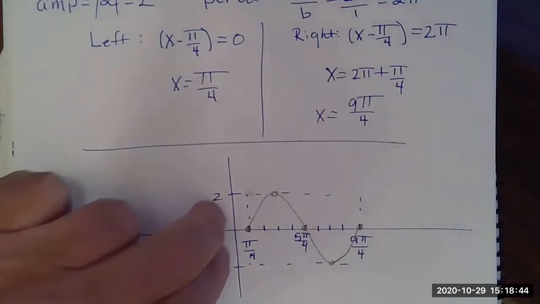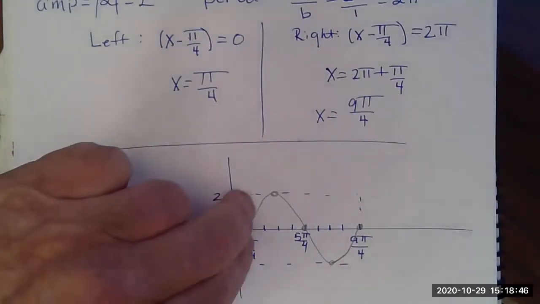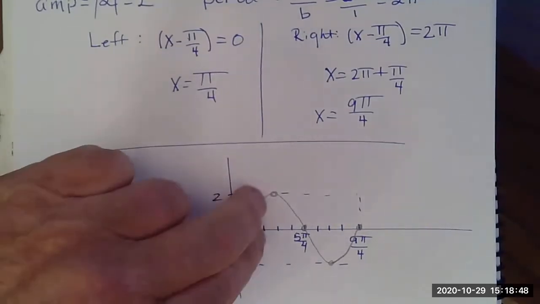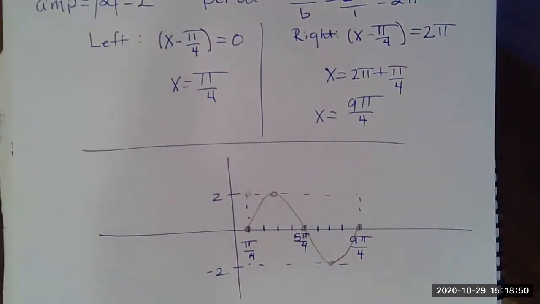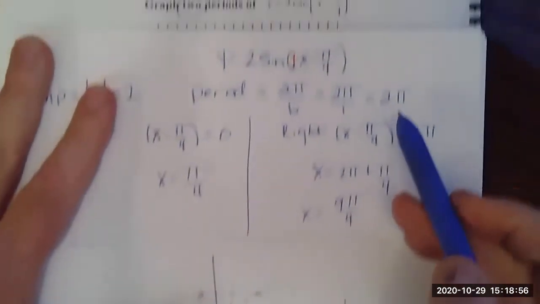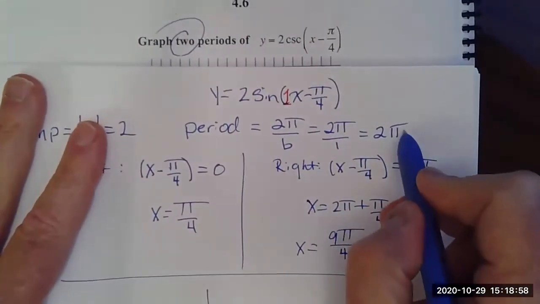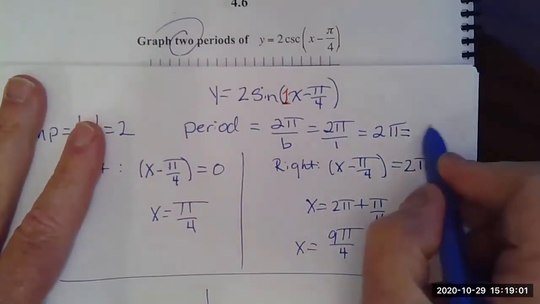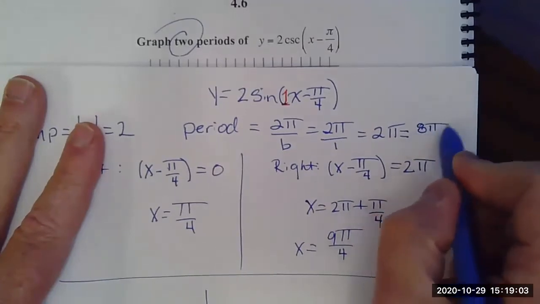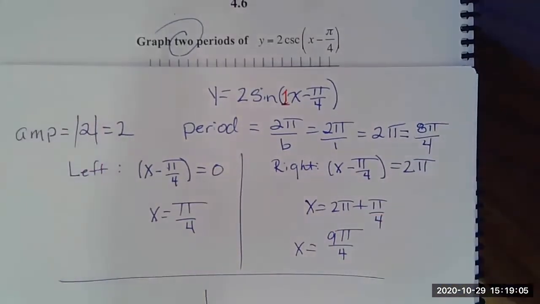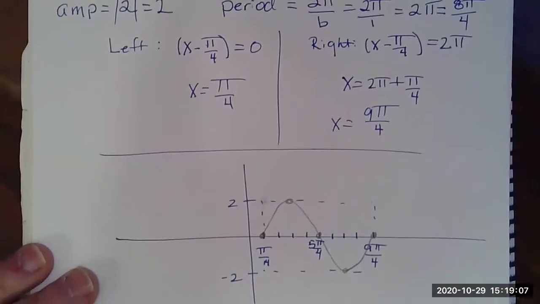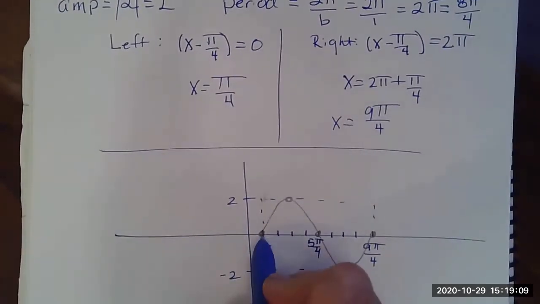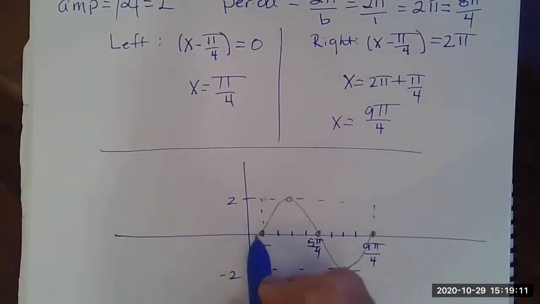Now to do a second period, I'm going to go left this time. Remember, the period is still 2 pi. That came from up here. The period is still 2 pi, which in terms of fourths, because that's what I'm looking at, is 8 pi over 4. So 8 of those tick marks. Starting right here, I'm going to go 8 this way to the left.